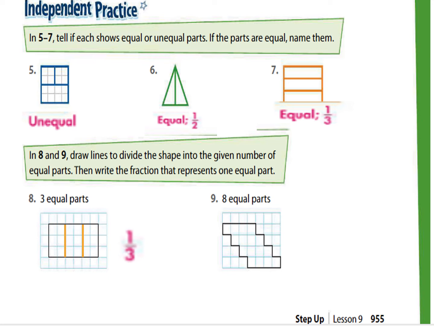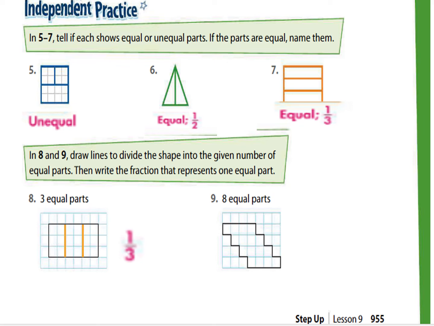Now look at question number 9. You have to divide the shape into 8 equal parts. Like before, look at the shape and count the smallest squares. Can you tell me how many small squares? Amazing, there are 16.